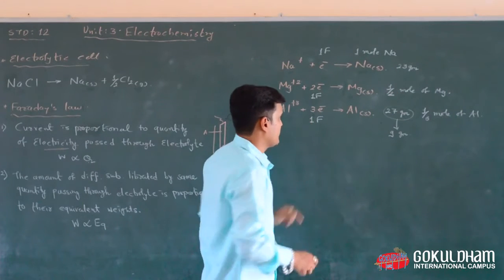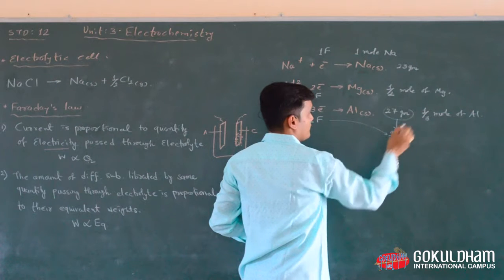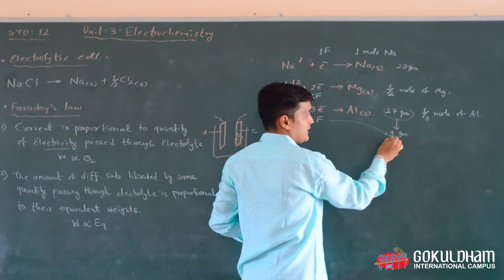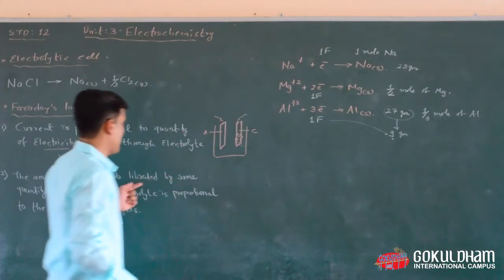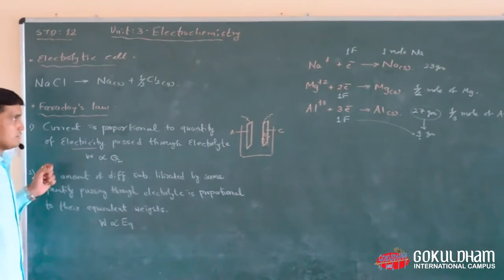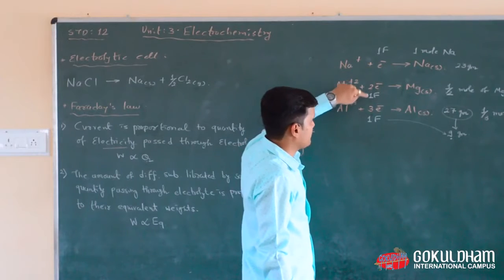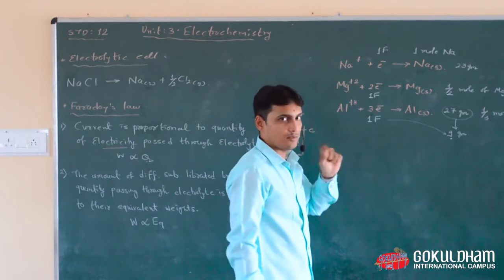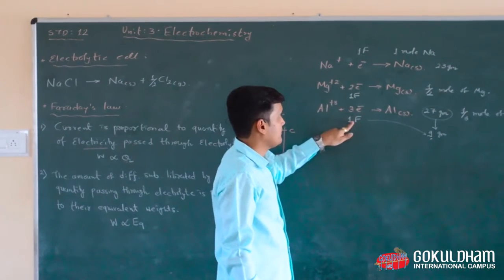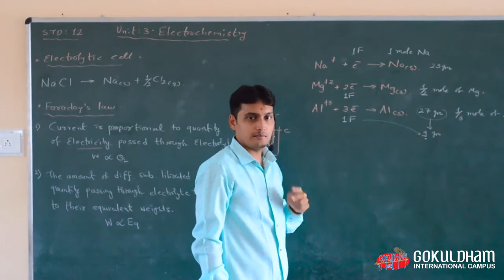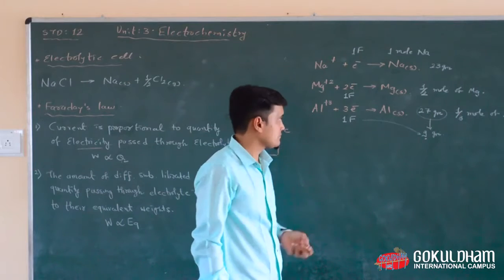But if you apply 1 Faraday, you will get 1/3 of the atomic weight, that is 27 to 9 gram. So Faraday wants to tell us that the amount of any atom, molecule or ion which accepts electrons is directly proportional to the Faraday. 1 Faraday means 1 mole of electrons, 2 Faraday means 2 moles of electrons, 3 Faraday means 3 moles of electrons.